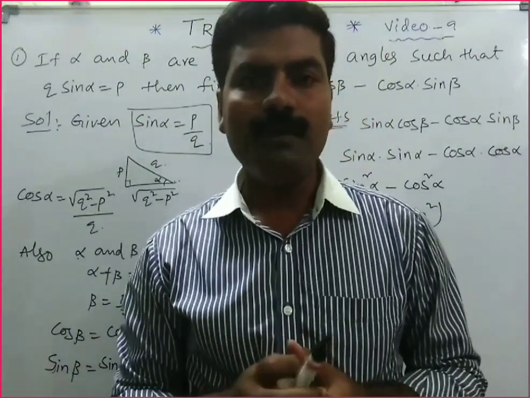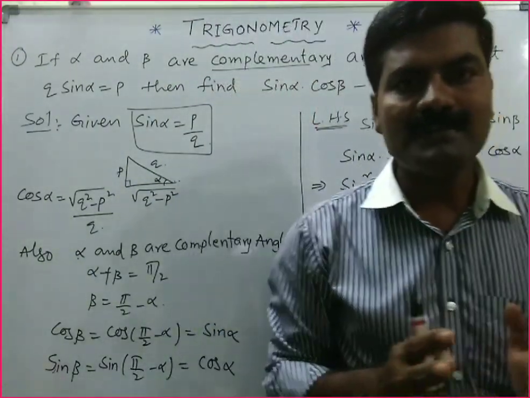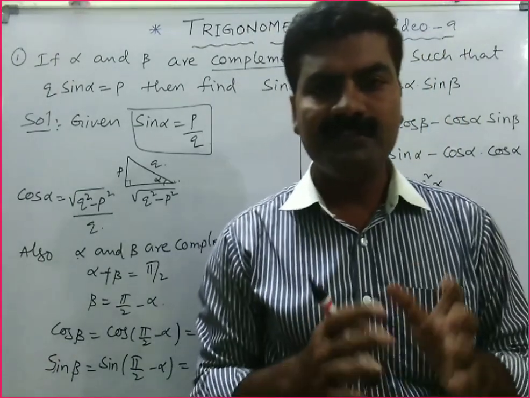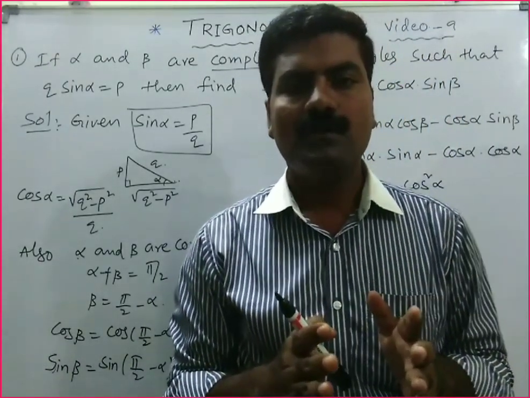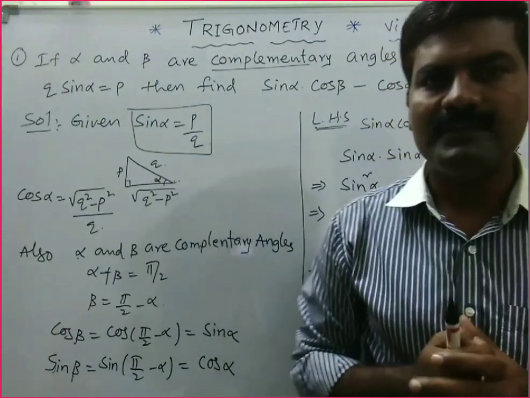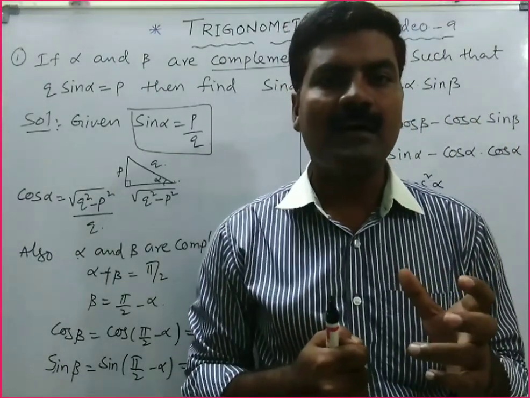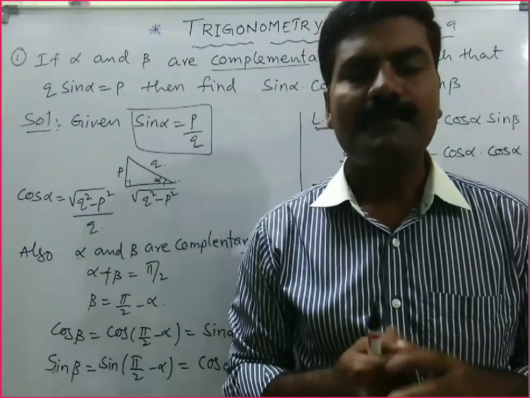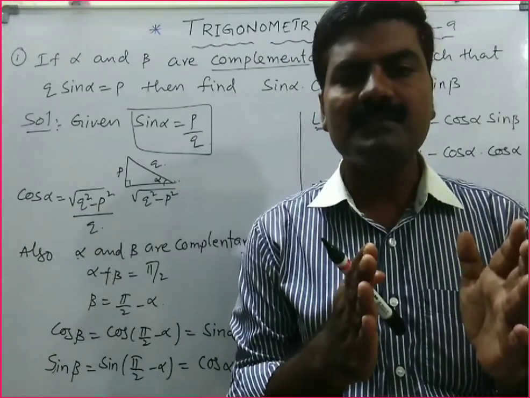What is meant by complementary angles? Two angles are said to be complementary if their sum is equals to 90 degrees. Isn't it? So that is what he gave, that alpha and beta are complementary angles. I mean both together their sum is 90.